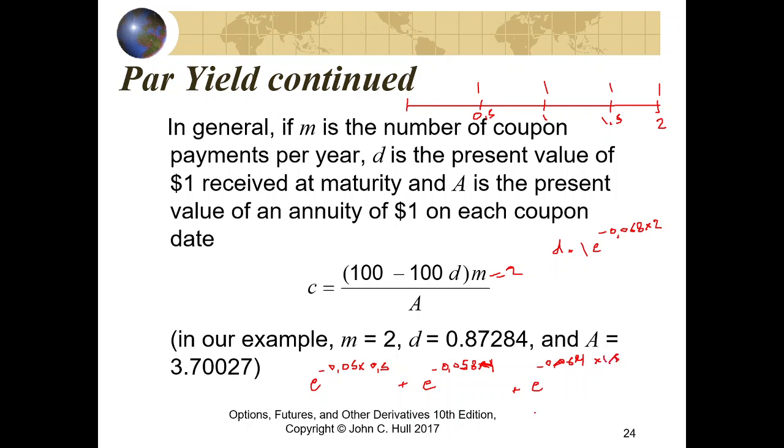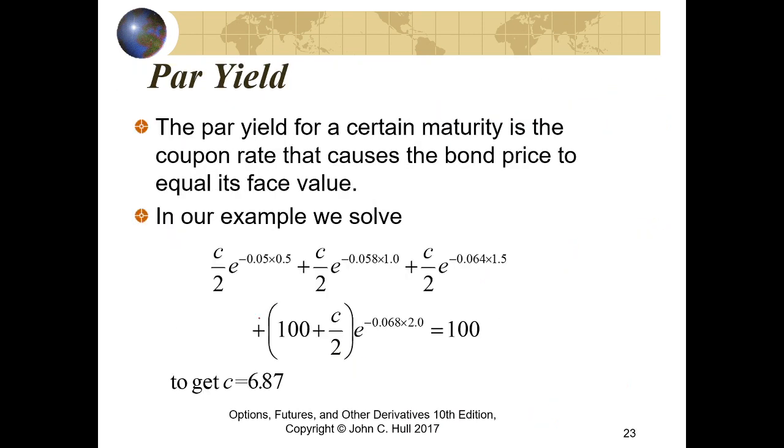Finally, e to the power of minus 0.068 times 2. So we calculated A, we calculated D, and we know what is M, and we use this formula. It will give us the coupon rate, which we will find is equal to, again, 6.87.